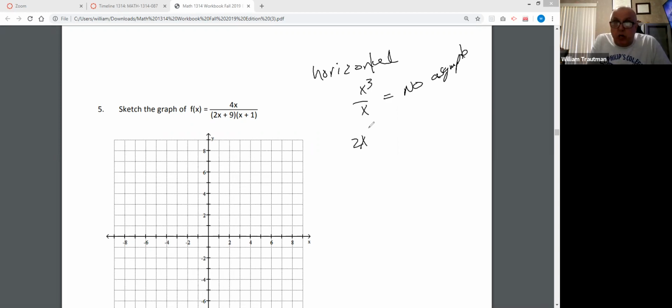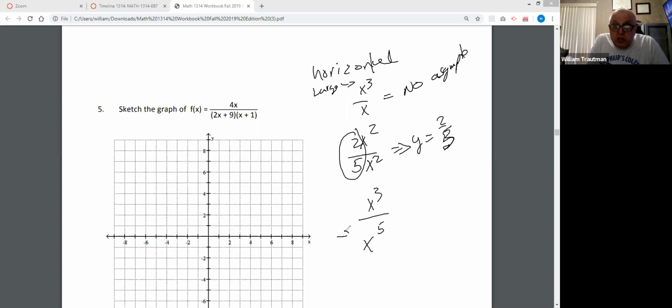If the top power is the same as the bottom power, then the horizontal asymptote, and horizontal asymptotes always start with y equals, by the way, is 2/5, the number in front of the highest powers. And if the power on the bottom is larger, then the horizontal asymptote is always 0. Always 0.